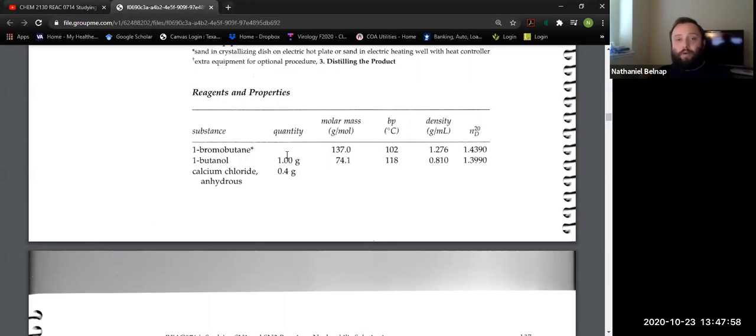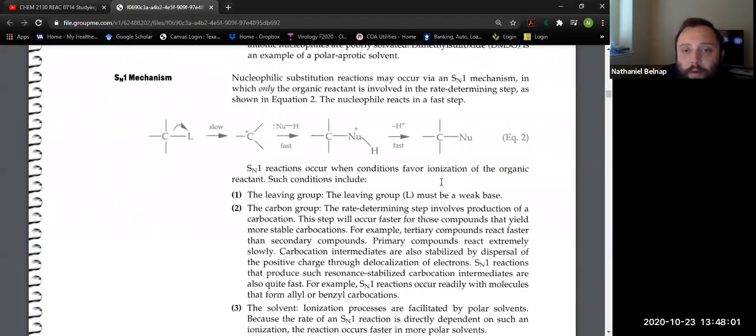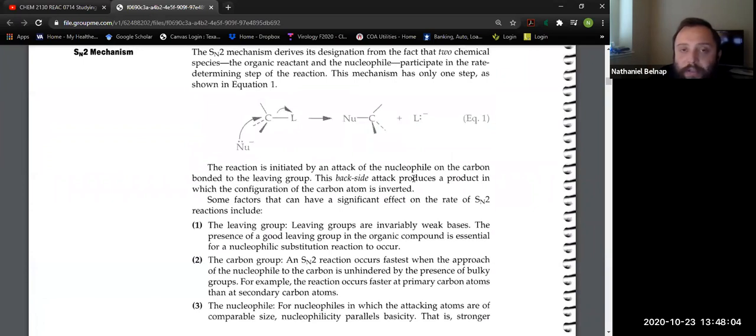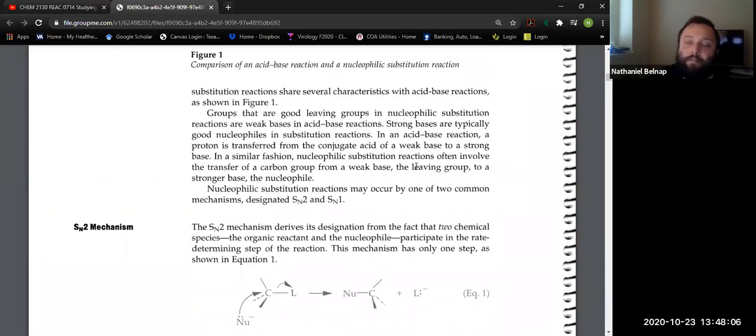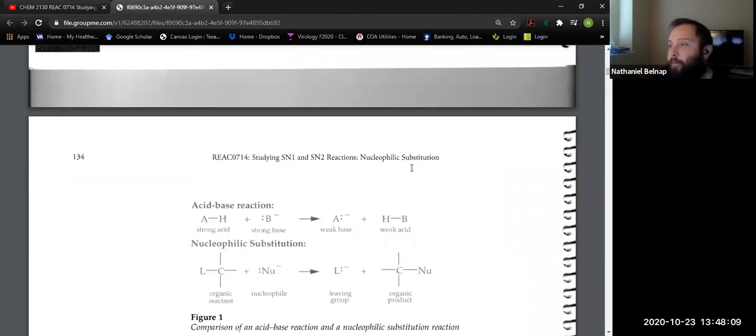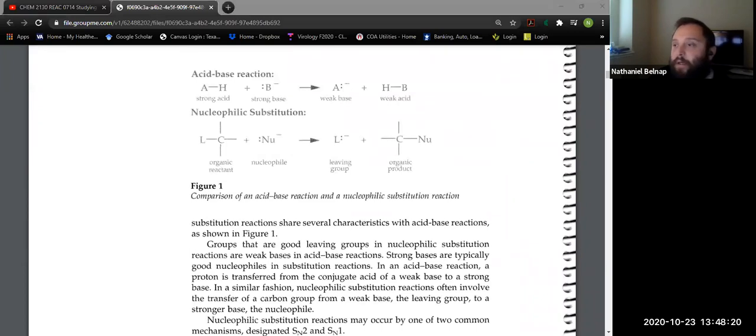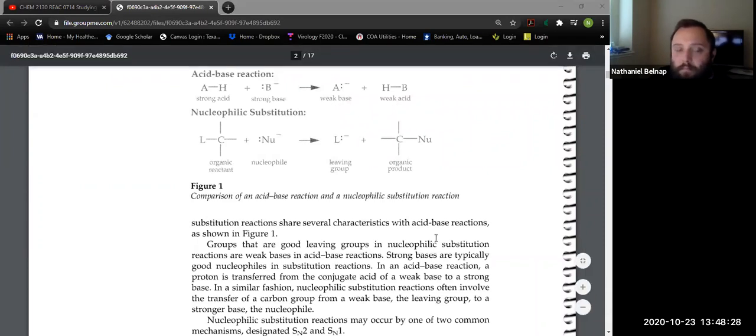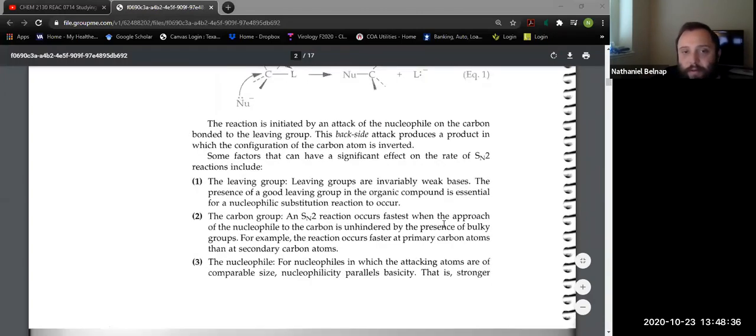And so that's pretty much what this lab is about. Do we understand the Sn1 and Sn2 reactions for the most part? Did he go over that with you guys in the lecture? Do you guys know what the difference is between an Sn2 and an Sn1 reaction?